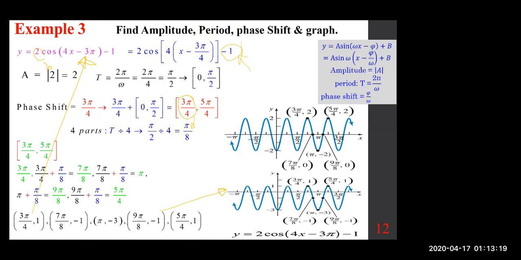You ignore the negative one, and you get this top graph. And then you shift the whole thing down by 1. Okay, I have discussed that with you last time. I hope you've had a chance to go over the previous 2 examples, so it should make it reasonably nice and easy. All right, the next topic in this section. So again, plotting points, 5 key points, makes it nice and easy.